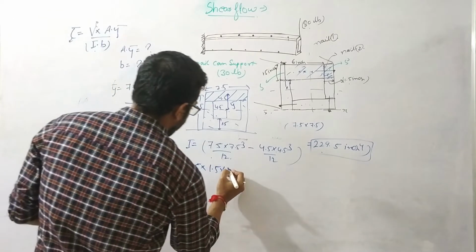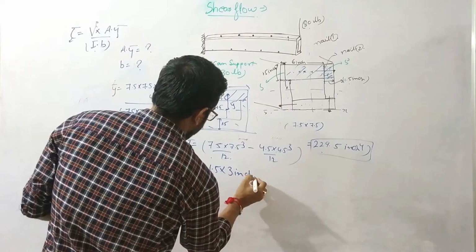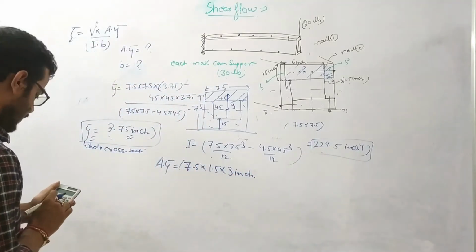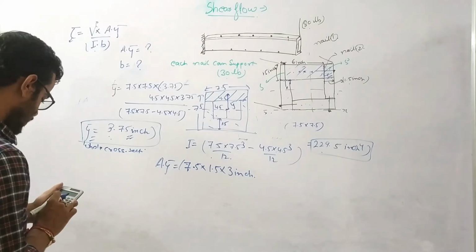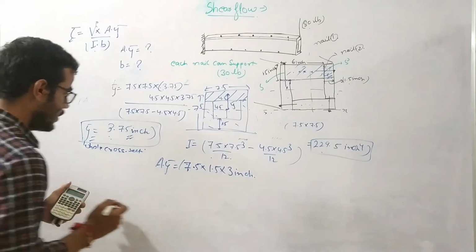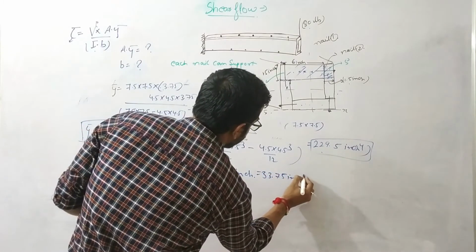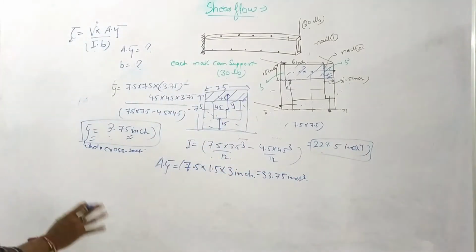So y bar is 3 inch. Okay, so A y bar is 7.5 into 1.5 into 3, which is 33.75 inch cube. This is not the volume, remember that. This is the first moment of area.